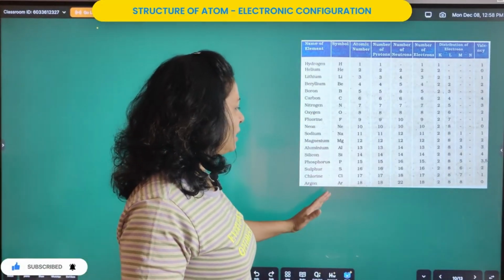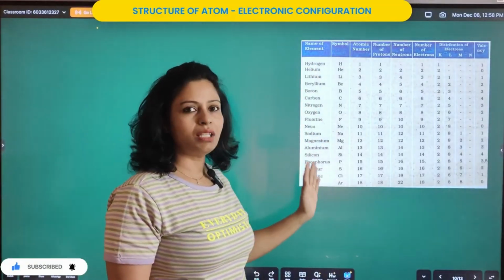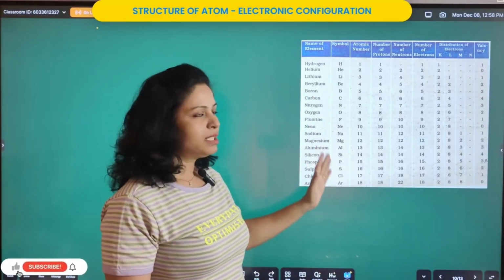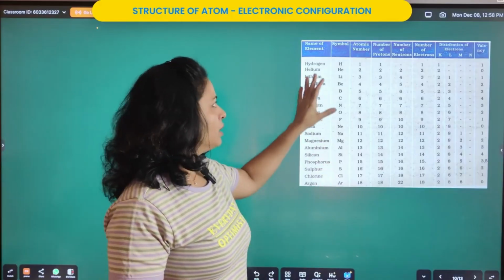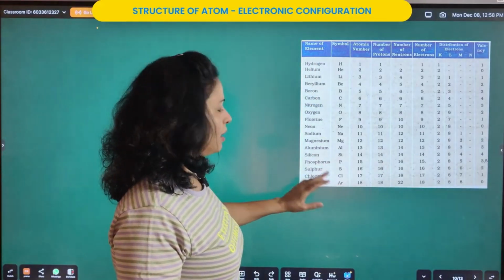Now, the atomic numbers of the first 18 elements you have to learn in this order only. They are placed in the periodic table in this order, that is, the first element hydrogen till the 18th element argon.